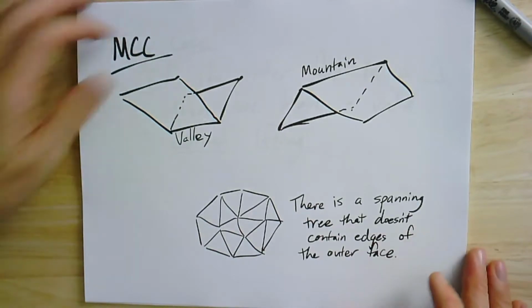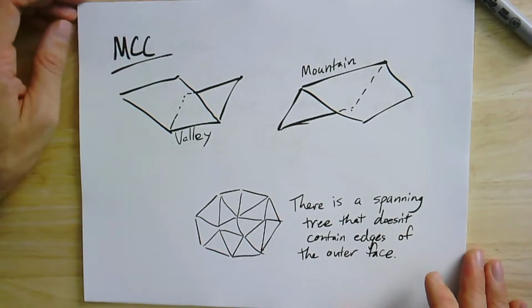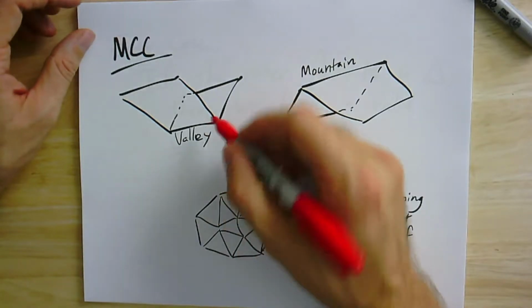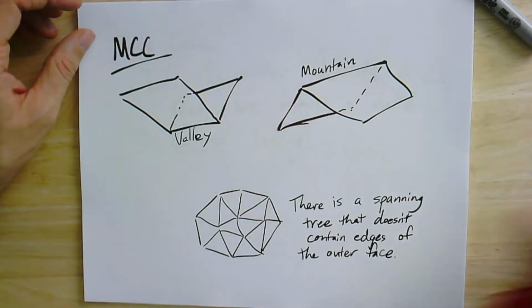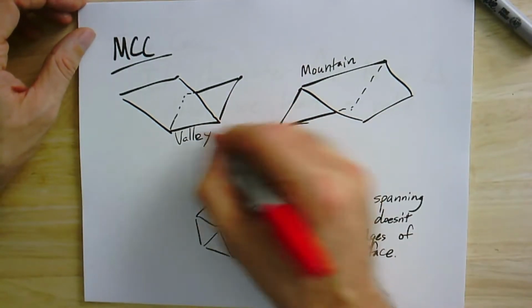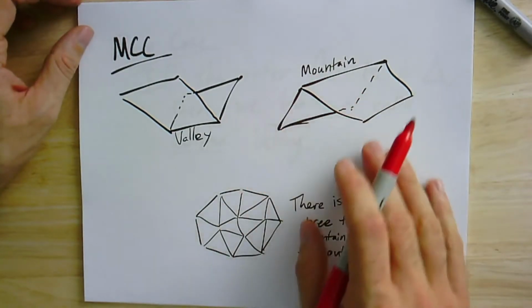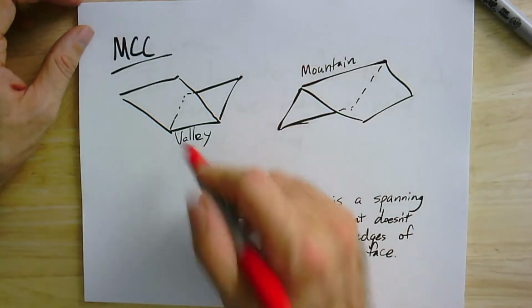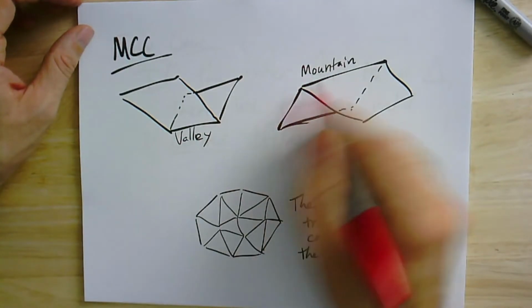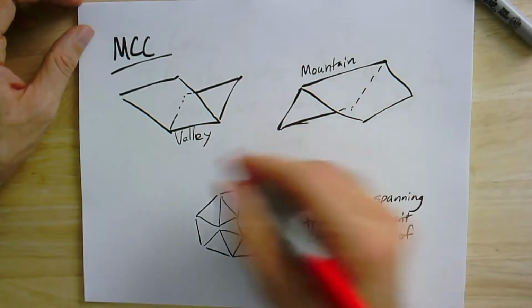All right, so one important geometric fact about the Maxwell-Cremona correspondence is that if you look at two faces after they get lifted, well, a valley fold like this, these terms, mountain folds, are the ones that go where they've folded down, valley is folded up. I think these are the terms that are used in origami.